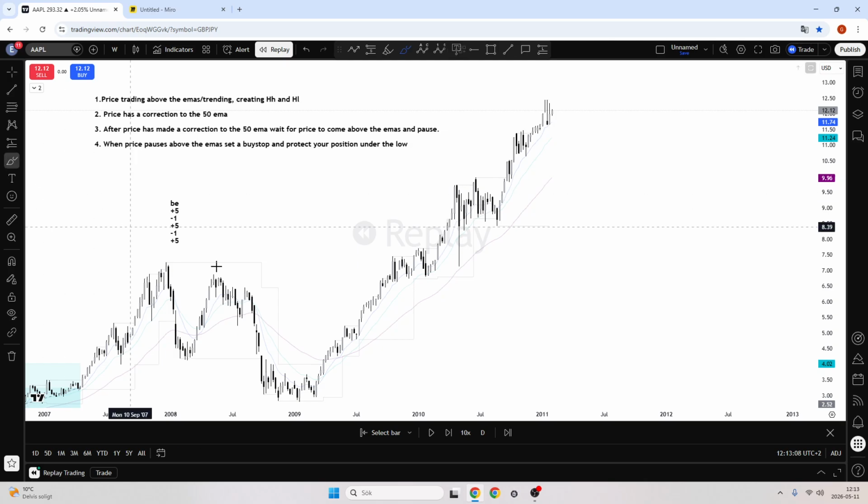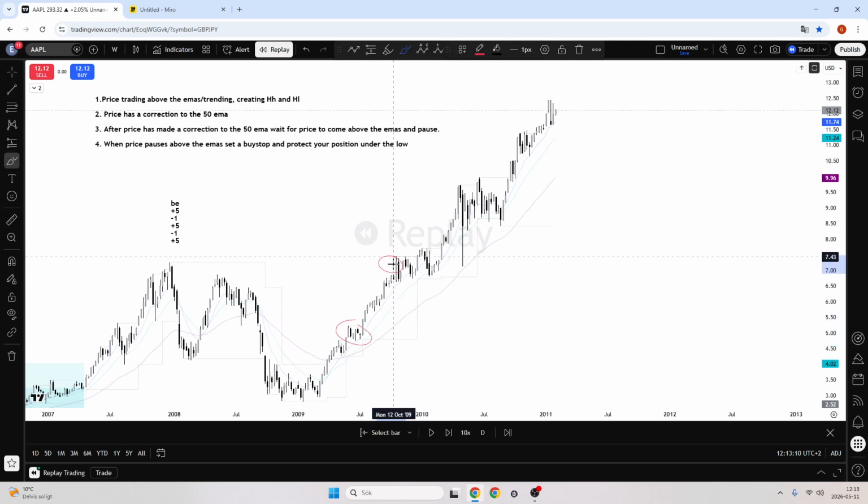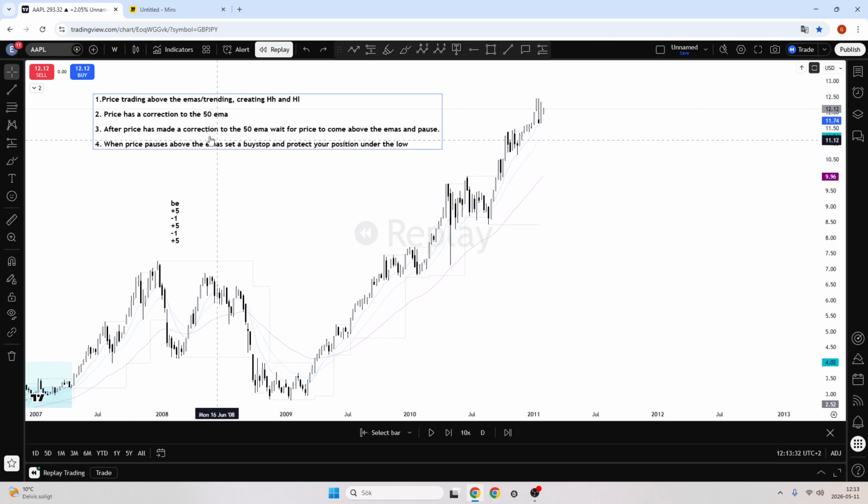As I told you guys about these little small pauses right here, when price flashes down to the 5 or 10 EMA, this is an opportunity for you guys as well. So in the future, we can write in our rules that if price has a correction to the 5, 10 or 50 MA, we wait for price to come above the MAs and pause, and we simply take it.